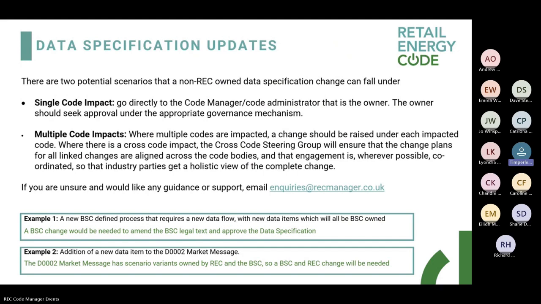This is one of those messages that has different owners for different scenario variants. Some are owned by the REC and others by the BSC. So if you wanted to change this market message, a change would need to be raised under both the REC and the BSC. And then ourselves as the code managers, through the cross-code steering group, would work together to take those forward in alignment.